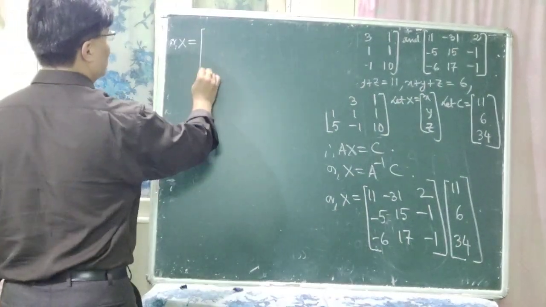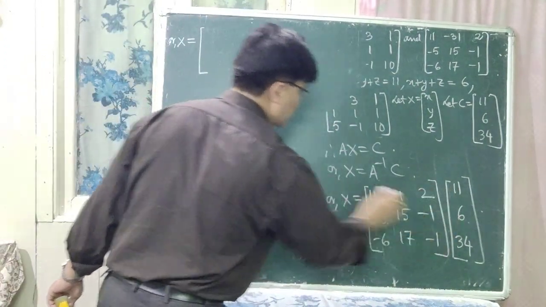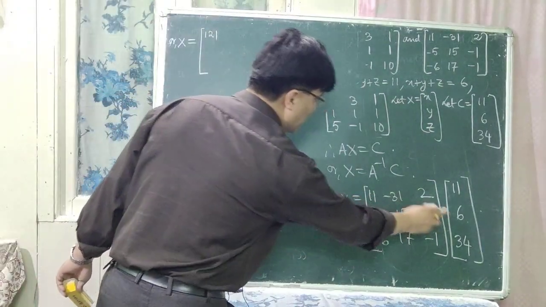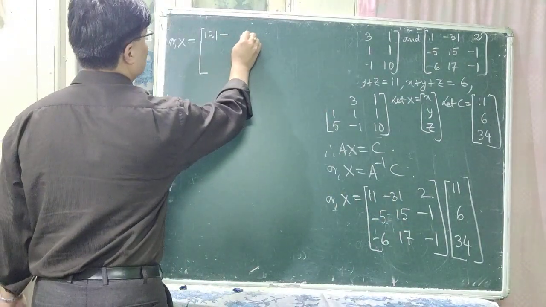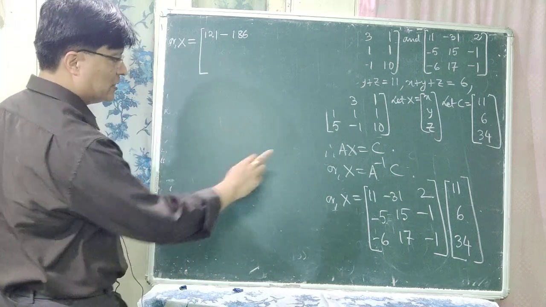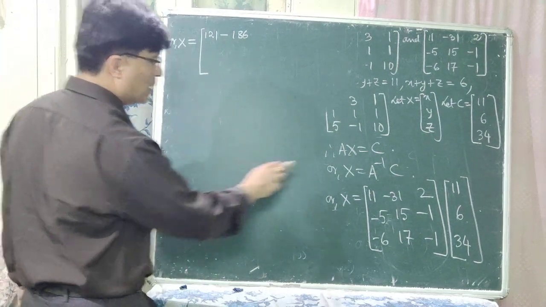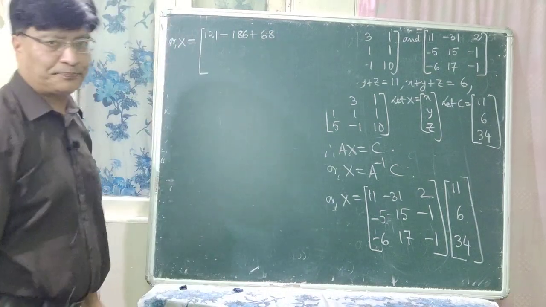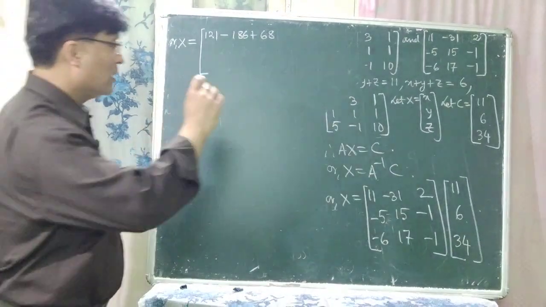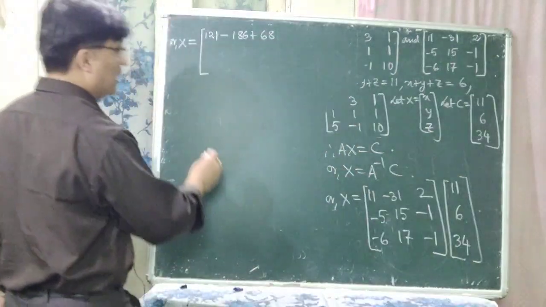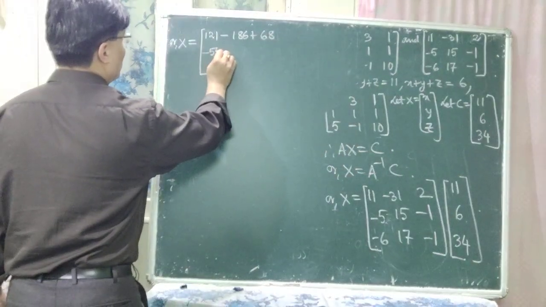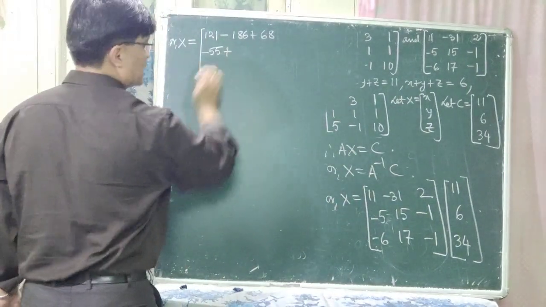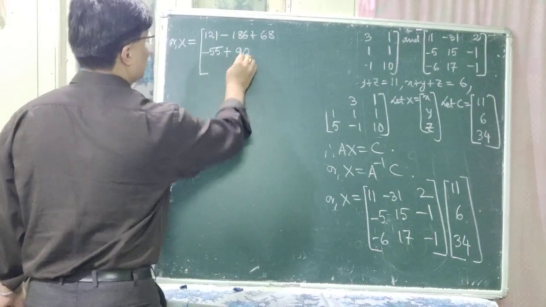So X is equal to first row by first column. 11 elevens are 121. Minus 31 into 6: 6 ones are 6, 6 threes are 18, so minus 186. Then 2 into 34 is plus 68. Now second row by first column: 11 into minus 5 is minus 55. 15 sixes are plus 90.